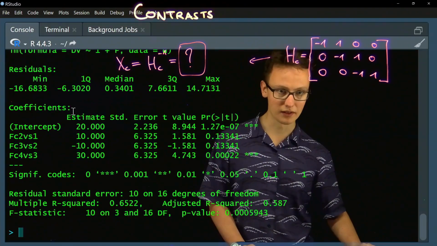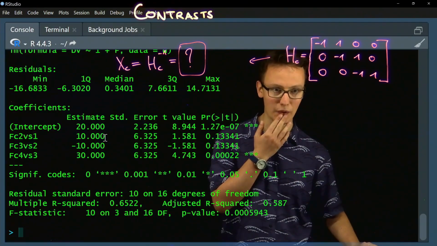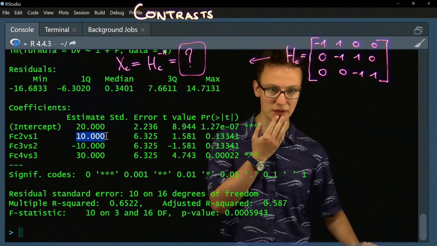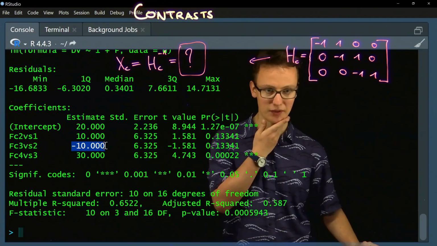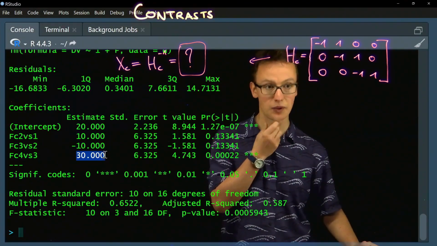And now we see the same thing that we saw last time, that here we have estimates for the differences of group 2 versus 1, a difference of 10, the difference for group 3 versus 2, a difference of minus 10, and the group difference of 4 versus 3, which in this case is 30.